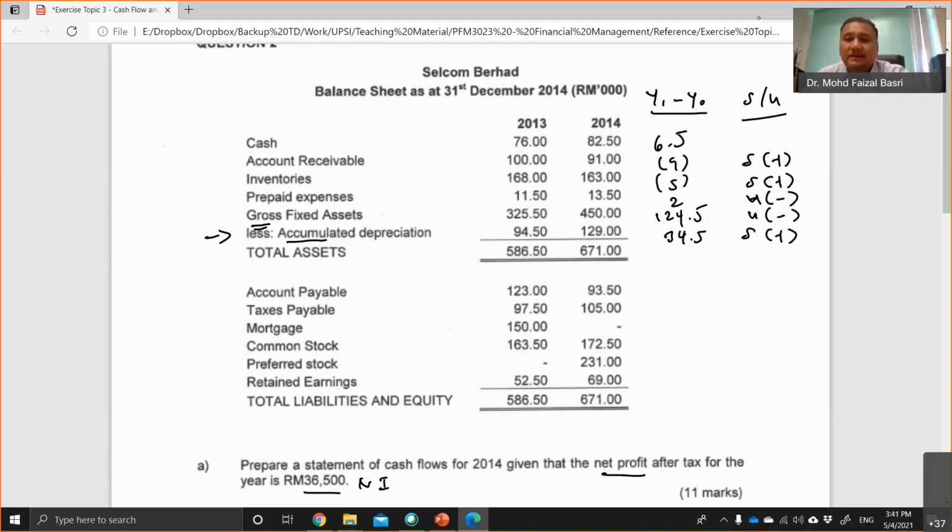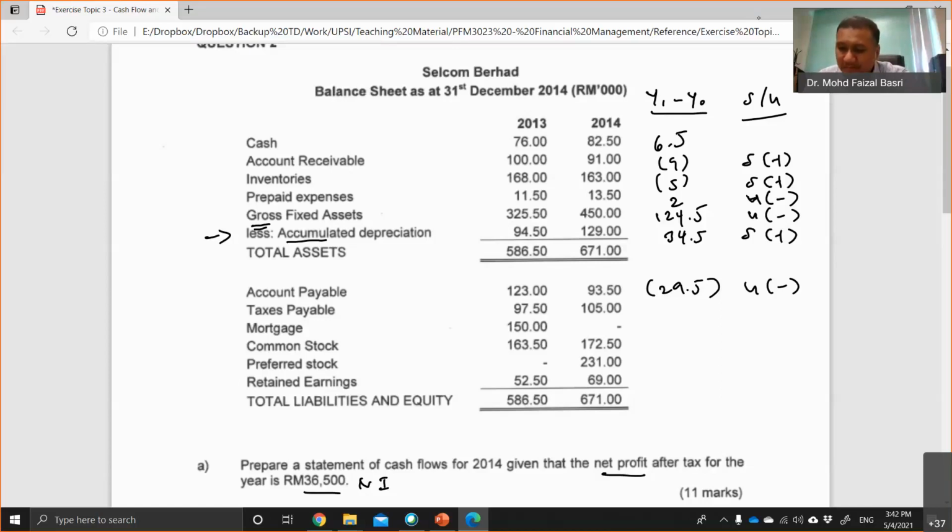So that's our asset side. For the liabilities, we have accounts payable. This is a reduction of 29.5, so it is users. For liabilities and equity it is the opposite: earlier, in brackets we put sources, but here if it's in brackets it means users, so we minus.